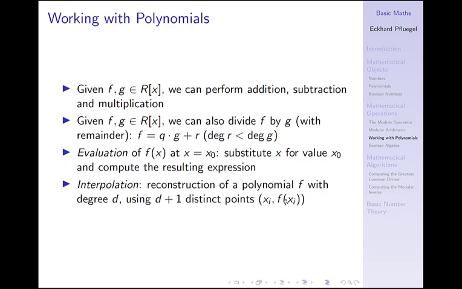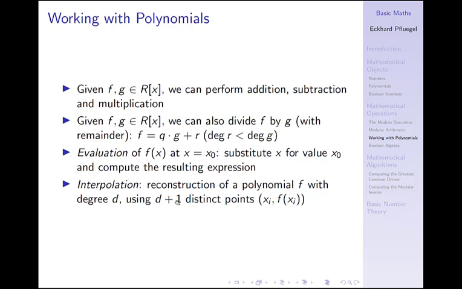So you can think of a Cartesian coordinate system, but basically, am I able to collect some of these points so that I can actually reconstruct the original polynomial? That's very useful. And it turns out if you have a polynomial of degree d, then you would need d plus 1 such distinct points in order to reconstruct it.